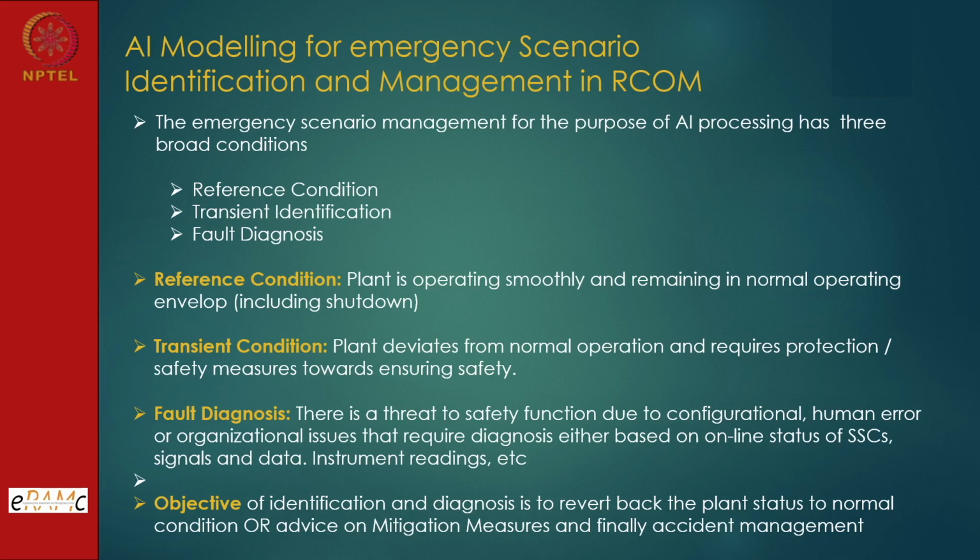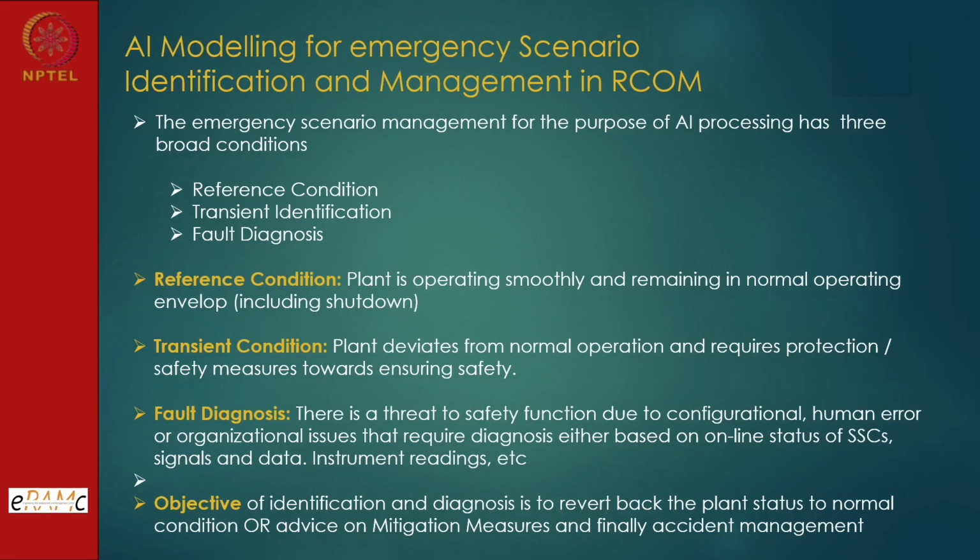So we can say, in the context of plant condition, there are two broad areas: normal operation and deviation from normal operation to emergency conditions. There are many stages in between, but we will talk about these two as far as this lecture is concerned. Reference condition is when the plant is operating, a benchmark that is available to us for building diagnostics and transients and other things.